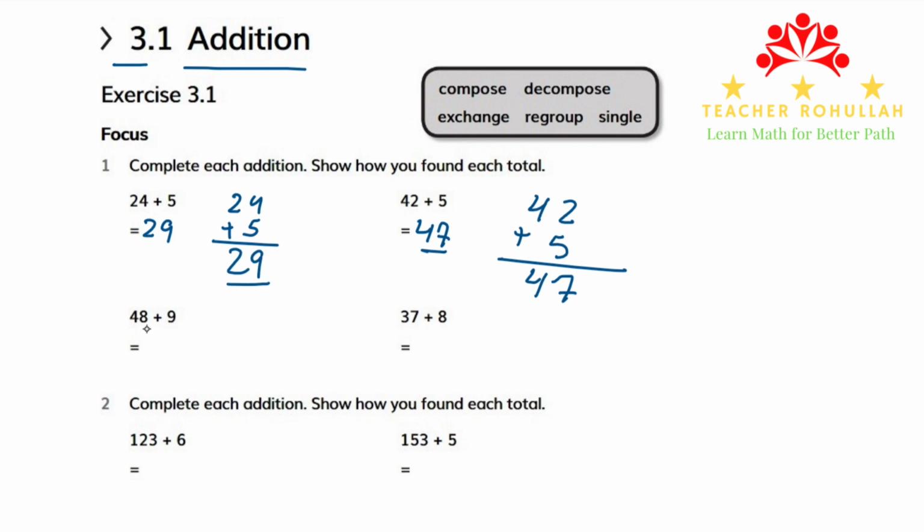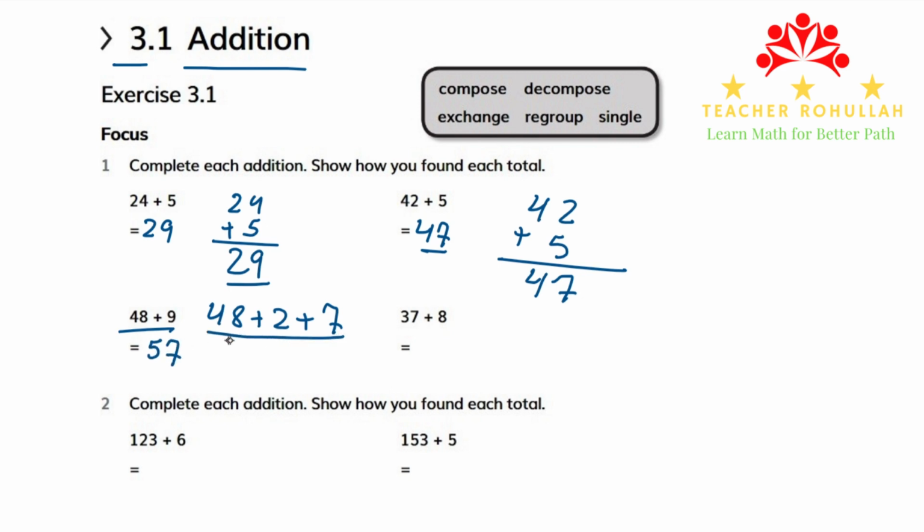In the third question, we have 48 plus 9. Because we have to use a variety of ways that we can add numbers, to solve this problem I will use compose and decompose, and also column addition. To use compose and decompose, we write 48 and decompose 9 into 2 and 7. 48 plus 2 is 50, and 50 plus 7 is 57.